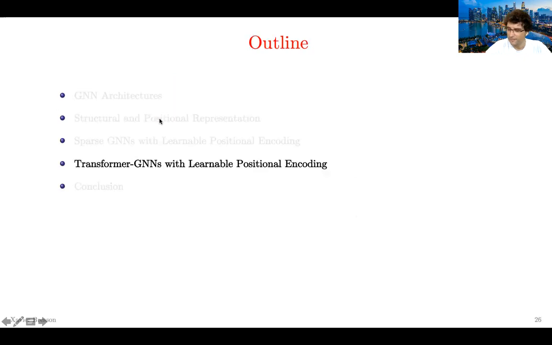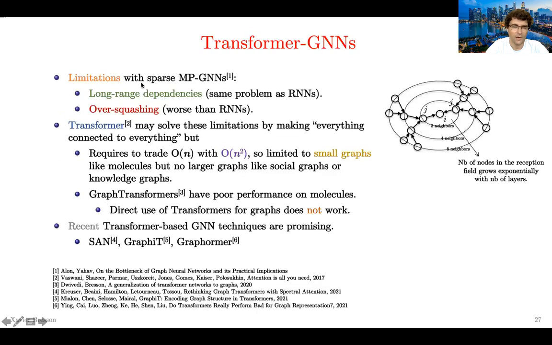All right. So there exist some limitations with standard message passing GNNs, which are the long-range dependencies. If you want two nodes to communicate with each other and they are far away on the graph, then you will need a lot of layers to do that, and you may have the vanishing gradient problem.